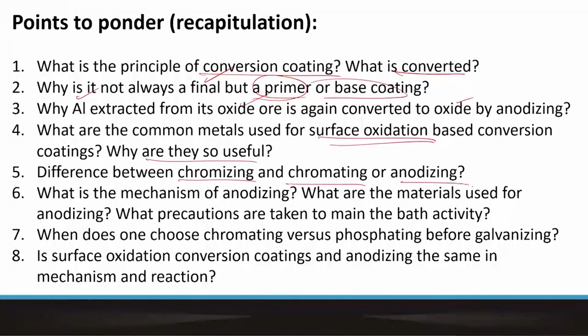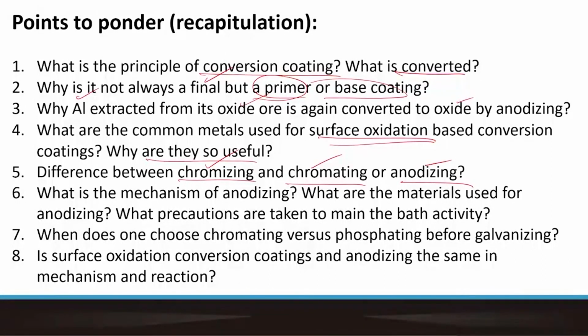Chromizing or chromating or anodizing, there are certain differences. When I say chromating, we are talking about a conversion reaction, but chromizing, what we discussed earlier, is a diffusional process where chromium does not react immediately, remains as solid solution.